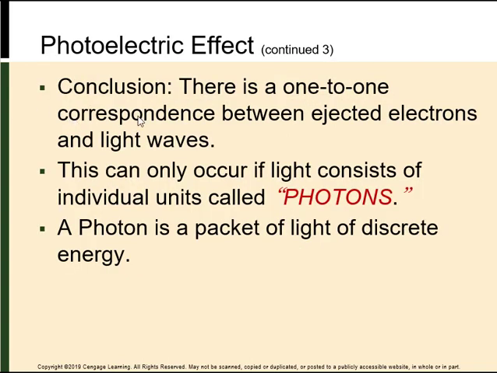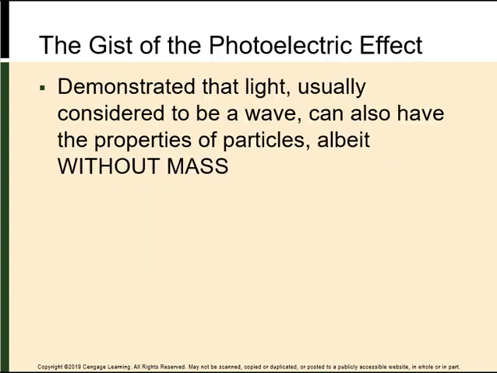So concluding this, there's a one-to-one correspondence between ejected electrons and light waves, but it can only occur if light consists of individual units called photons, which is a packet of light that has a certain amount of energy. So what's the gist of it? It demonstrates that light, usually considered to be a wave, can also have the properties of particles, however, without mass.